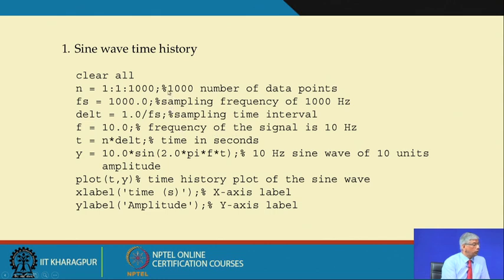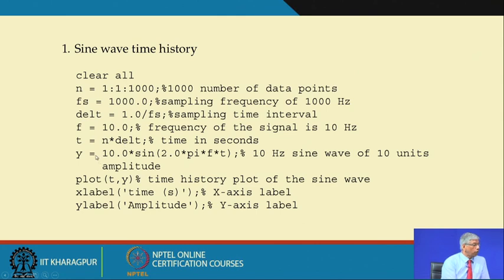By the way, when you see a percentage sign, MATLAB ignores everything after it. So, anything after the percentage is a comment statement, and such comments are given here for our understanding. At any instance of n, the time is given as n times delta t.